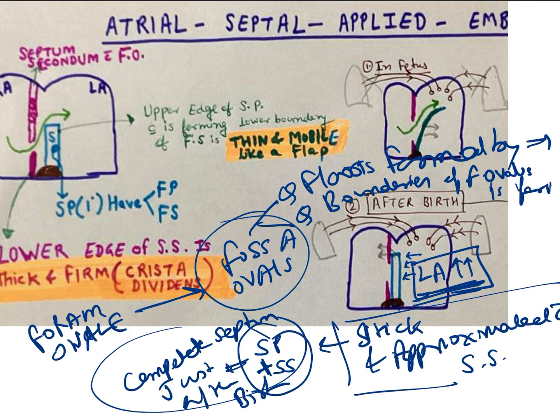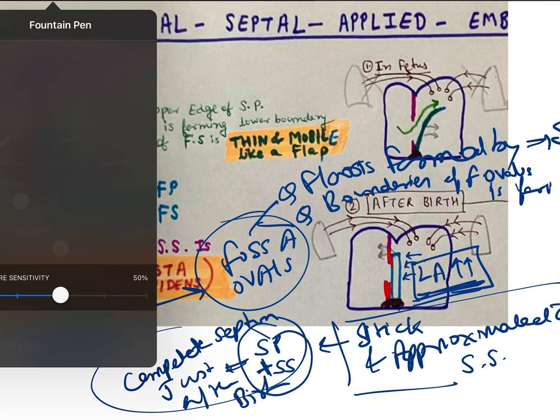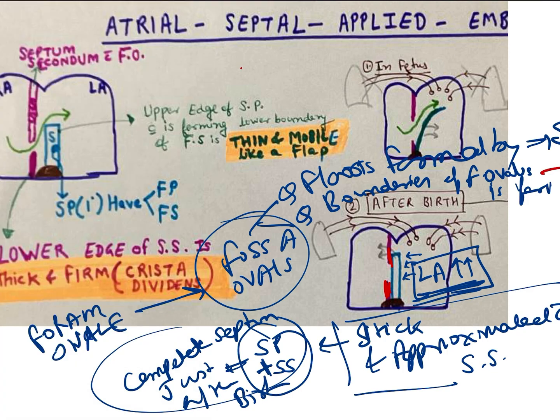If you look very carefully at this, this is the floor of the fossa ovalis. Hence the floor is formed through the septum primum, while these are the boundaries of the fossa ovalis, which are formed through the septum secundum. Okay.